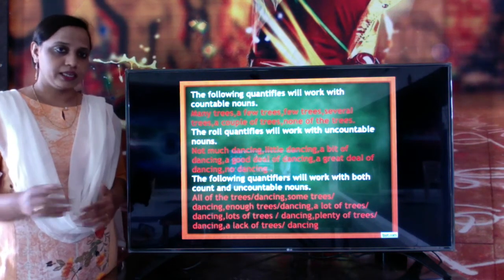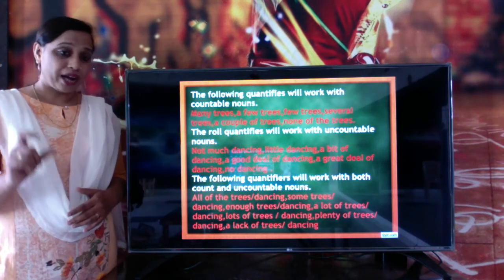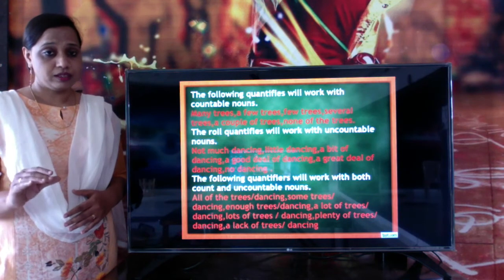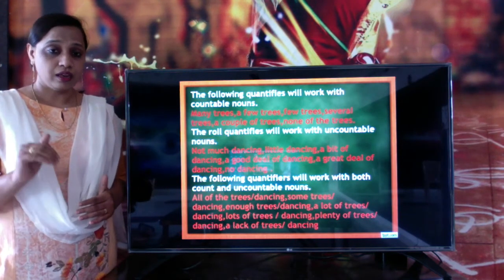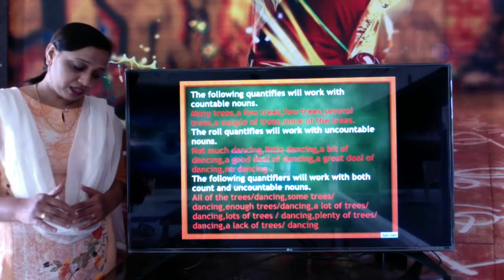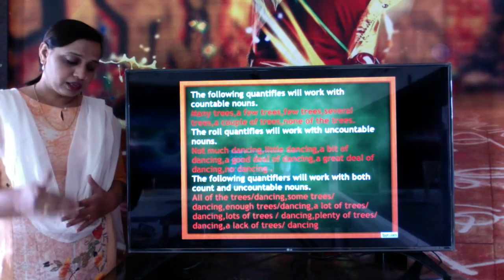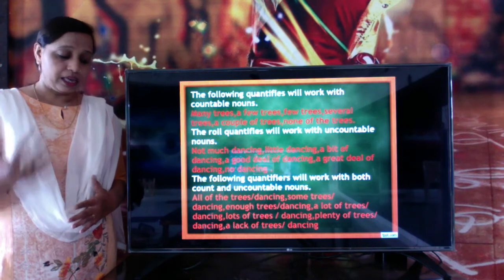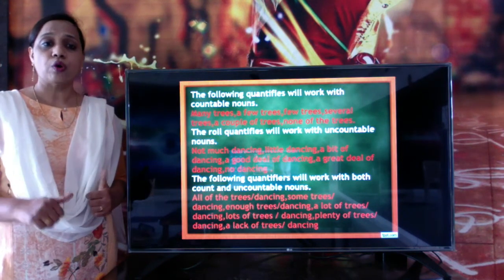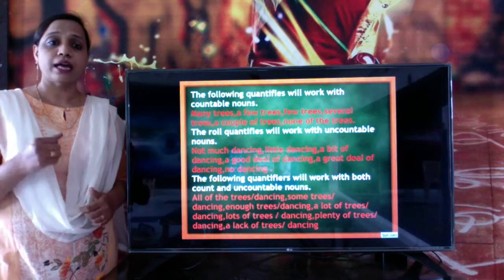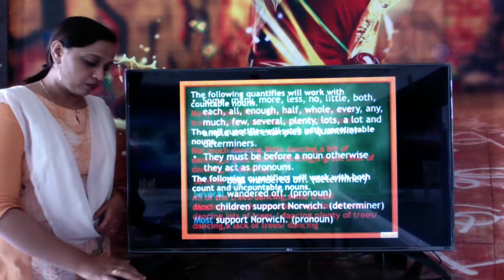You can take any other word. You just see the quantifiers like all of, some, and enough, lot of trees, lots of trees, plenty of trees, a lack of. Such words we use with both countable and uncountable nouns.